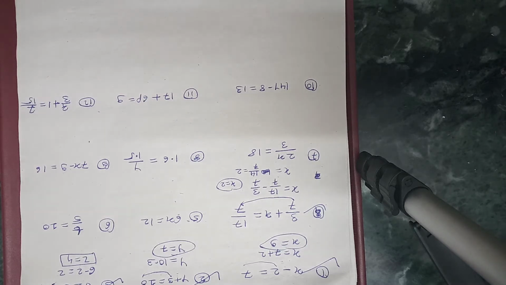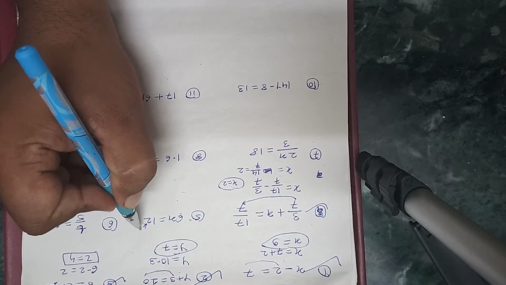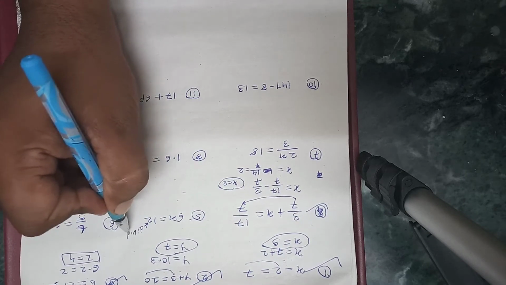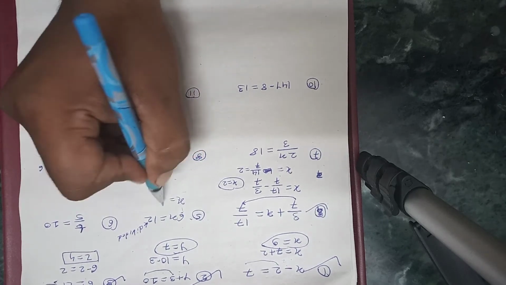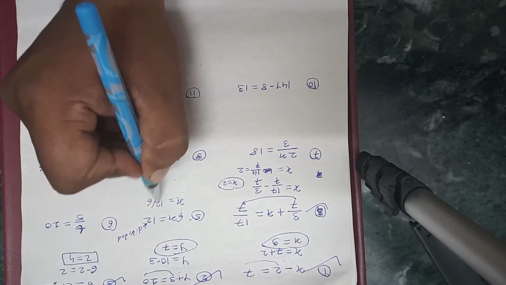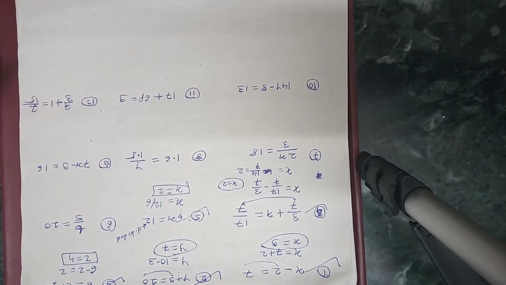When we transfer it, it automatically becomes a divisor of this 12 value. The dividend will be 12 and the divisor will be 6. So the output will be 12 by 6, which is 2. x is 2. Example number 5 is completed.